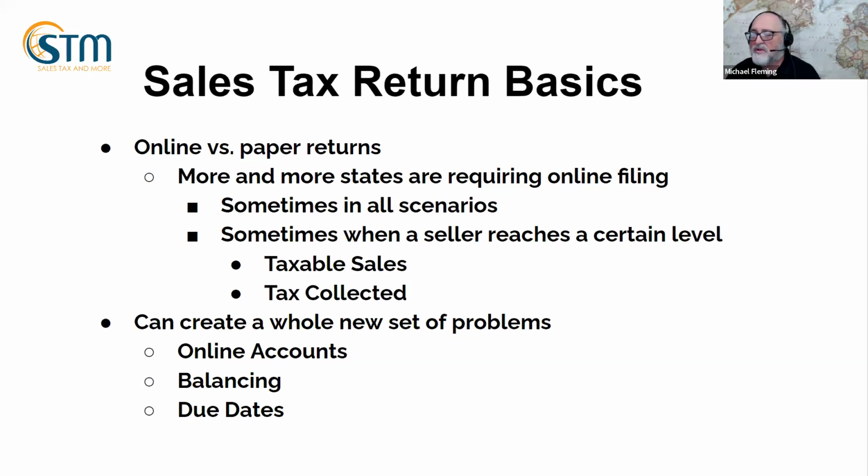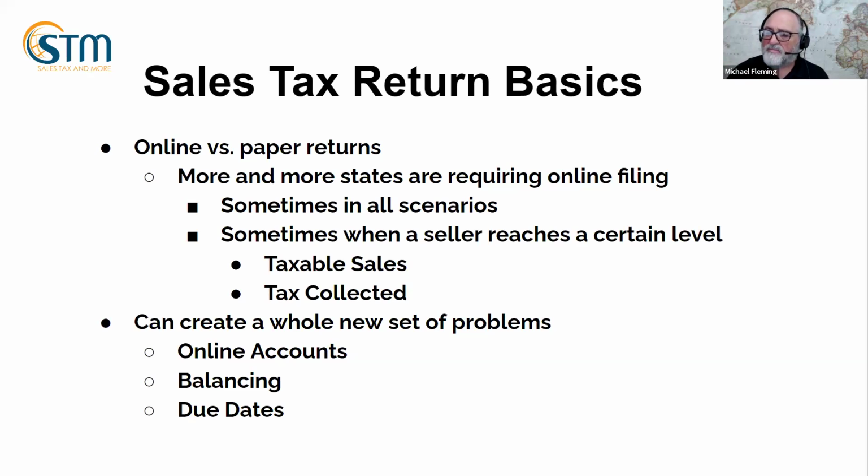Balancing, when you're filing on paper, is not a big issue because you can still remit it, and if the state doesn't like what they see, they can always adjust the figures. But when you're doing it online, a lot of states you actually have to balance out, otherwise you will not be able to go forward.